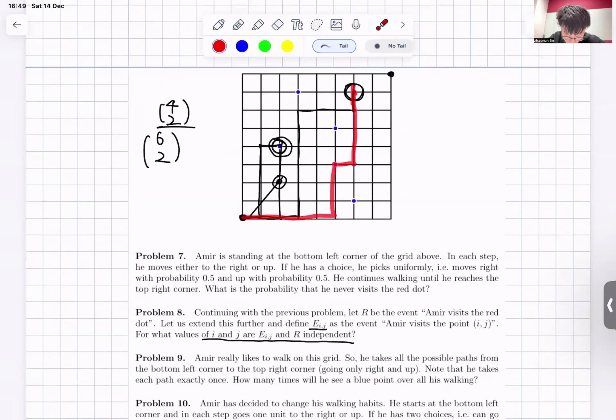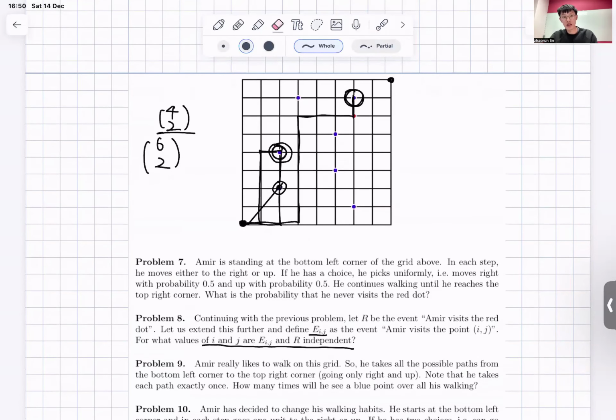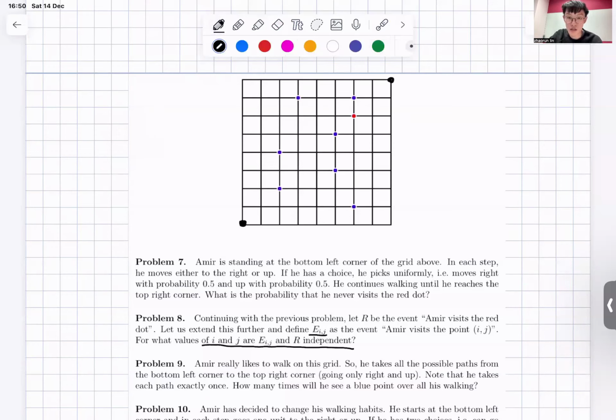So this has 2 blue points because here and here we have 2 blue points, and so on, 3 blue points, and finally 4 blue points. So for each blue point, we calculate this, and then finally we will have the number of times that we see a blue point over all his walking. And you have to remember that for the number of paths that visit 4 blue points, you have to multiply it by 4.